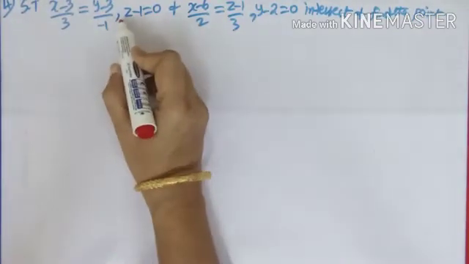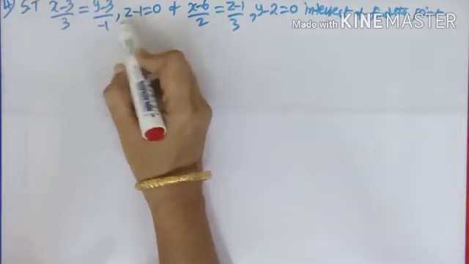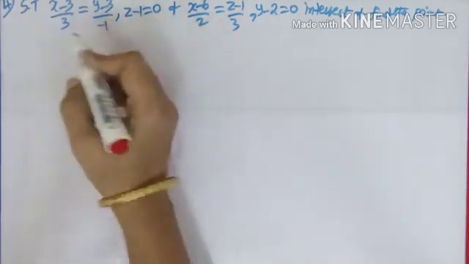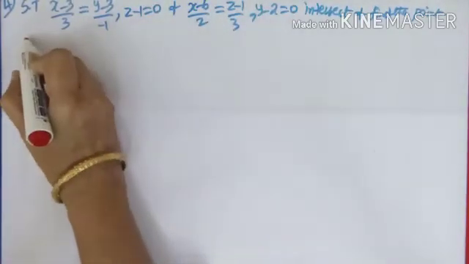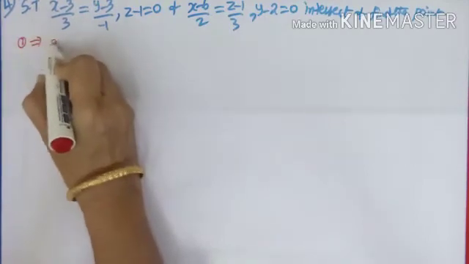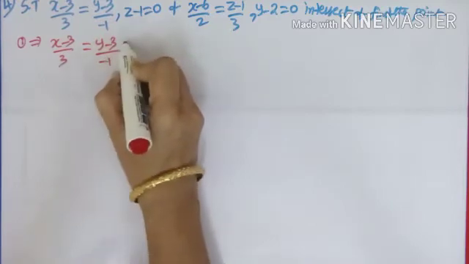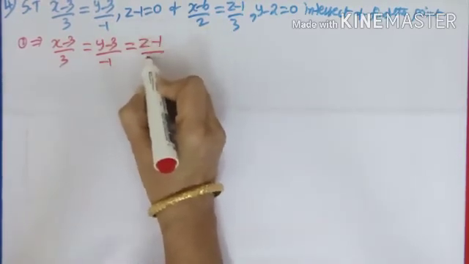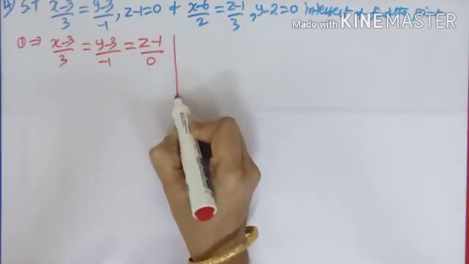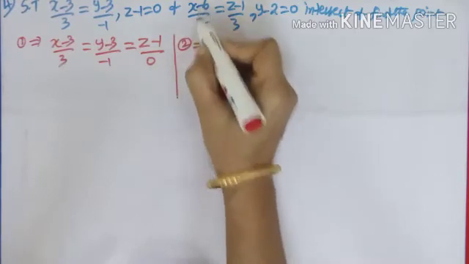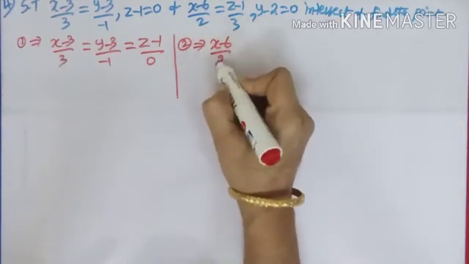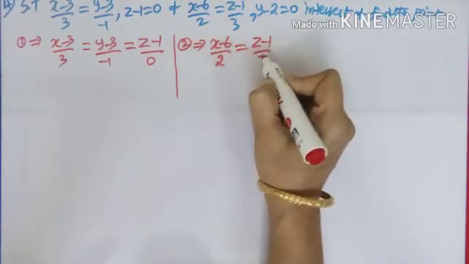Whenever they give you some coordinate this way, equals 0, we rewrite (z minus 1)/0 along with this. So the first line is (x minus 3)/3, (y minus 3)/(minus 1) equals (z minus 1)/0. The second line is (x minus 6)/2 equals (z minus 1)/3.